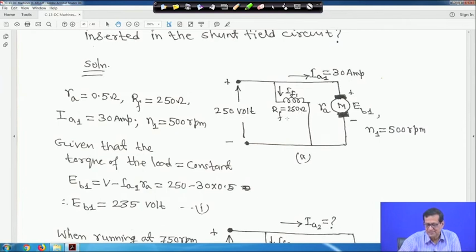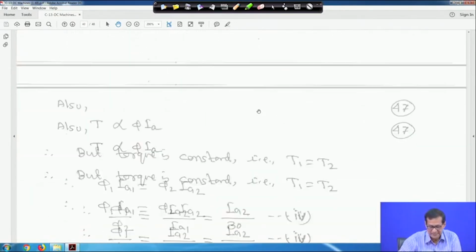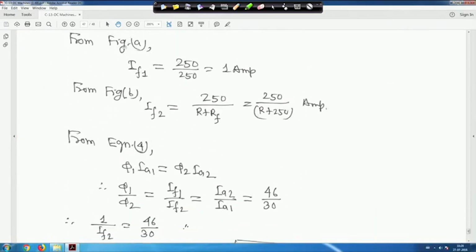So for the first case, field current was 250 upon 251 ampere, but in the second case IF2 will be 250 upon R plus RF, so 250 upon R plus 250 ampere.